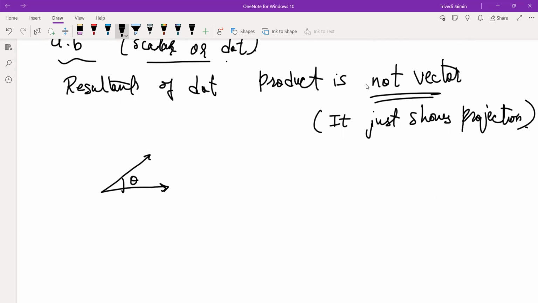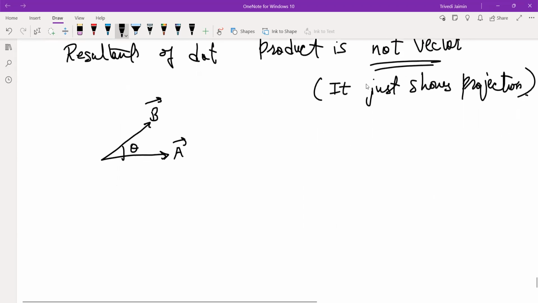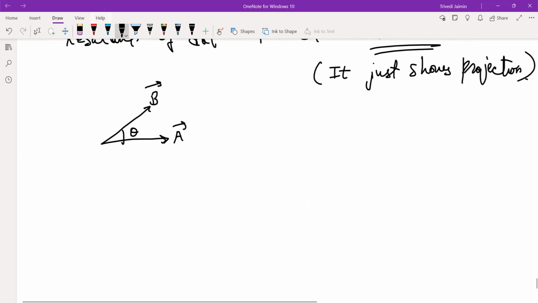That's why we need to revise. You are all math students, right? So you should love this vector. If you don't like it, still you should start learning and loving this chapter, vector. It's most important.